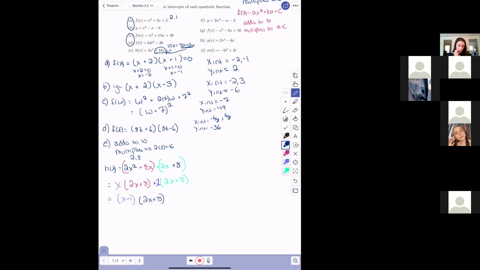If you just factor the 2 out, you end up with x squared plus 5x plus 4, and then you find something that adds to 5 and multiplies to 4. That works perfectly fine in this case. You'll see in the next case that won't work. So you could always try that first. If it doesn't work, you still want to know how to do it this way. All right. Any other questions?